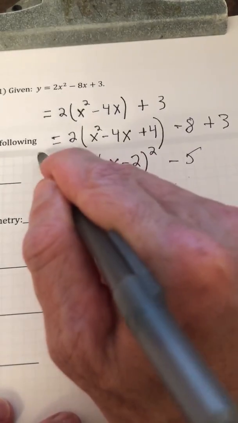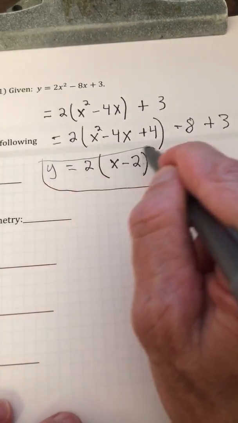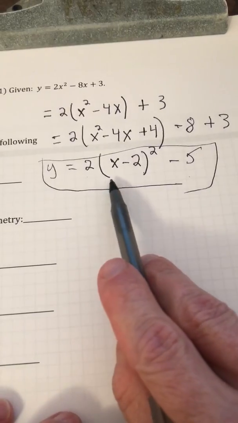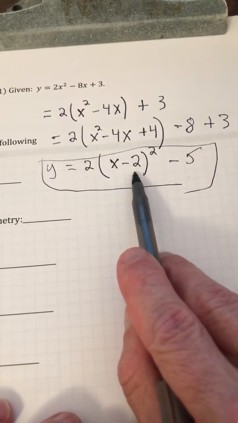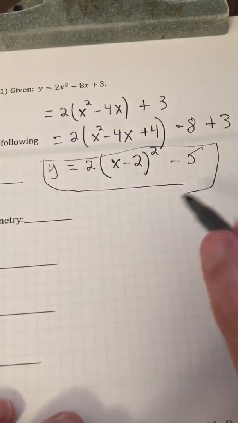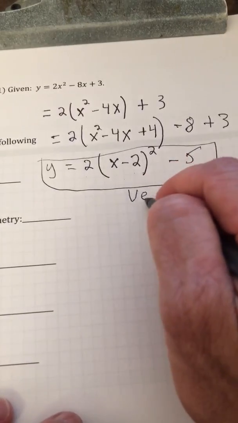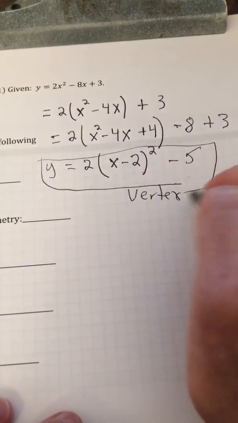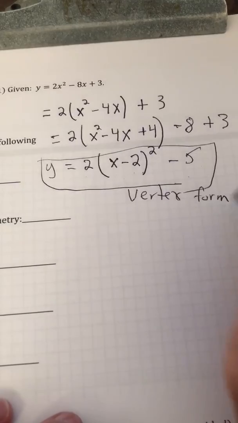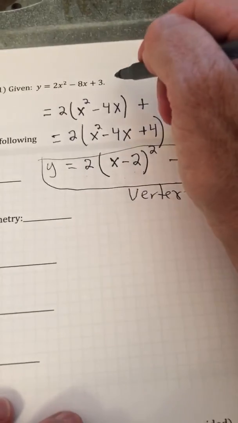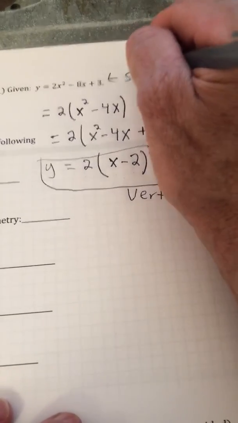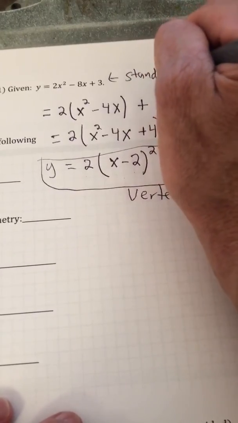Okay, so y is equal to 2 times x minus 2, the quantity squared, minus 5. This is what is called vertex form. We started out in standard form. This right here at the beginning was standard form.